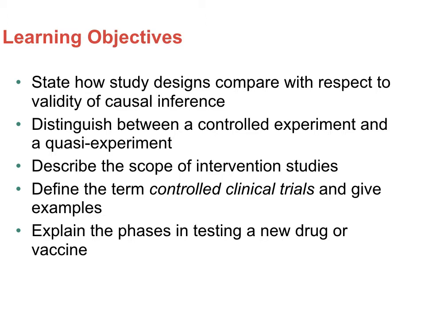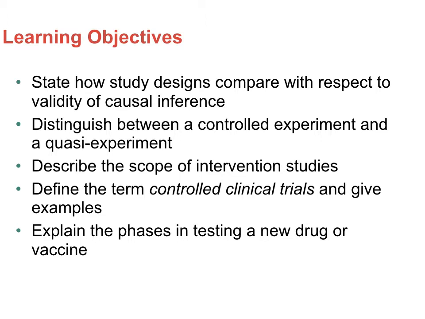We're going to distinguish between controlled experimental studies and quasi-experimental studies. There's one big difference between them, but they're very similar. We're going to describe the scope of intervention studies, define the term controlled clinical trials, and give some examples. Explain the phases in testing of new drugs, or what we call phases.